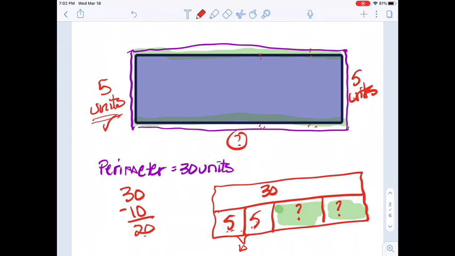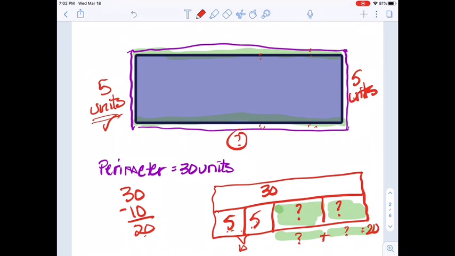So there must be something plus something has to equal 20. So this side plus this side equals 20. And I'm hoping right now you're thinking, what do I know that I can add together that will equal 20 and both numbers are the same?